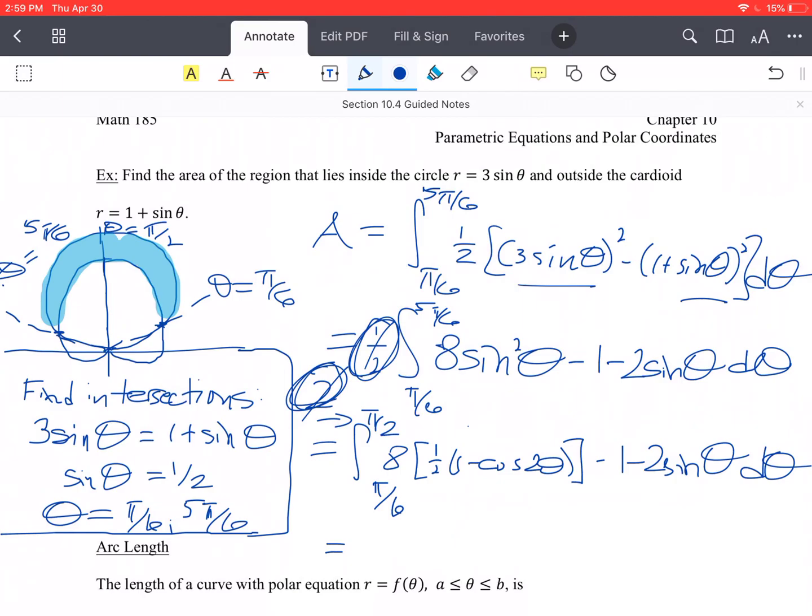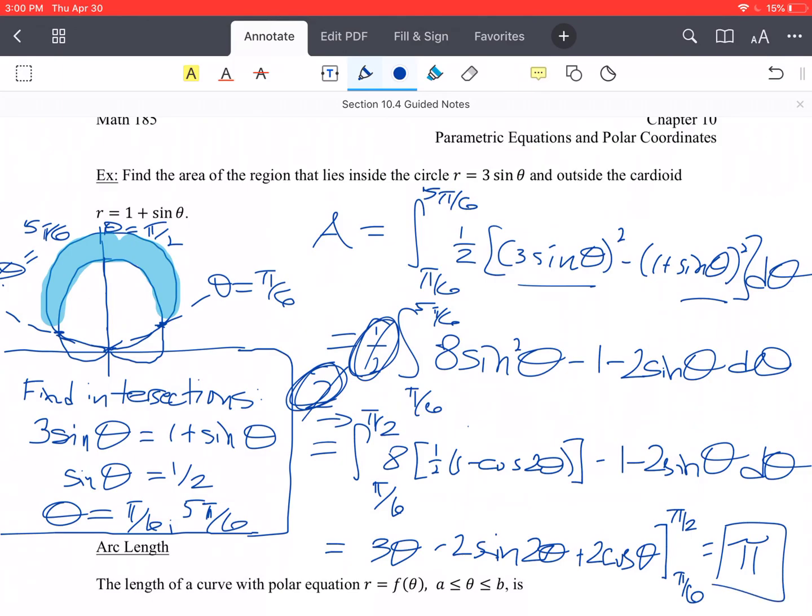So integrate that. You get 3 theta minus 2 sine 2 theta plus 2 cosine theta, evaluated from pi over 6 to pi over 2. And if you run that evaluation, you will find it just gives you pi.